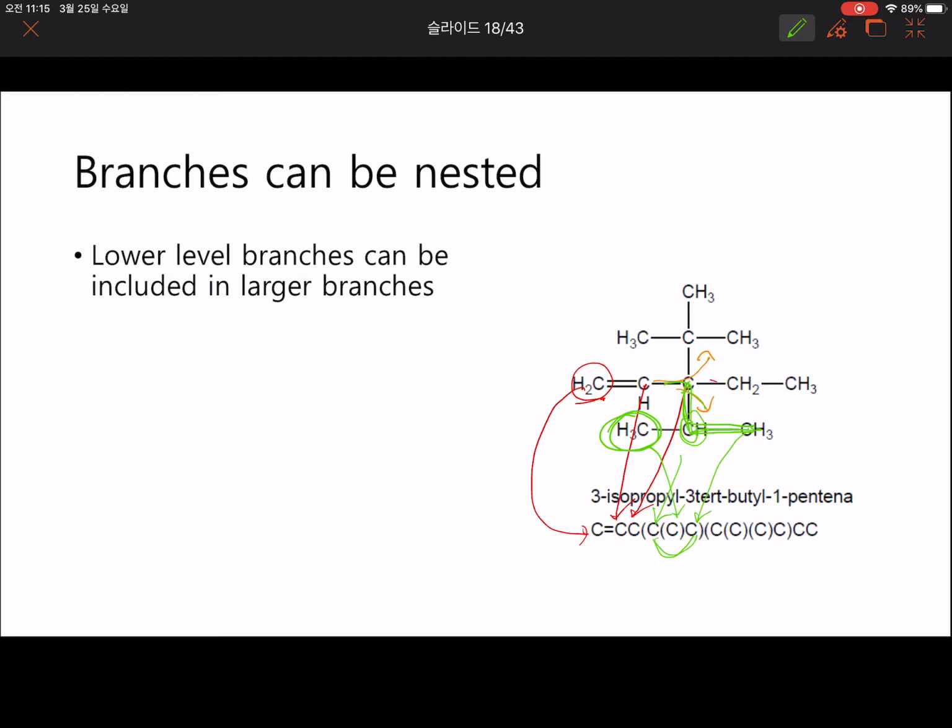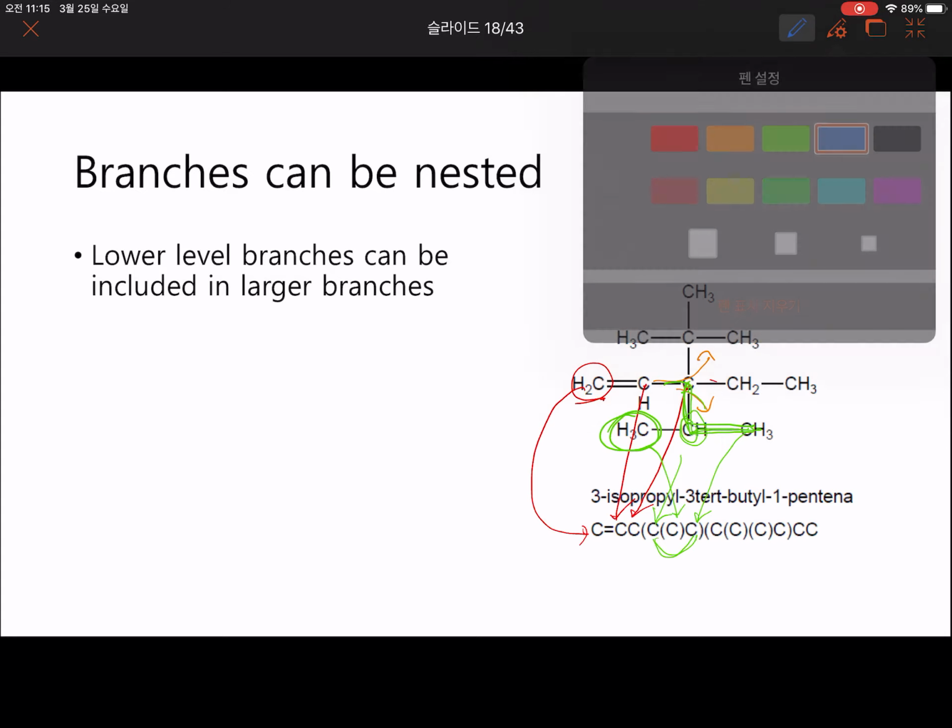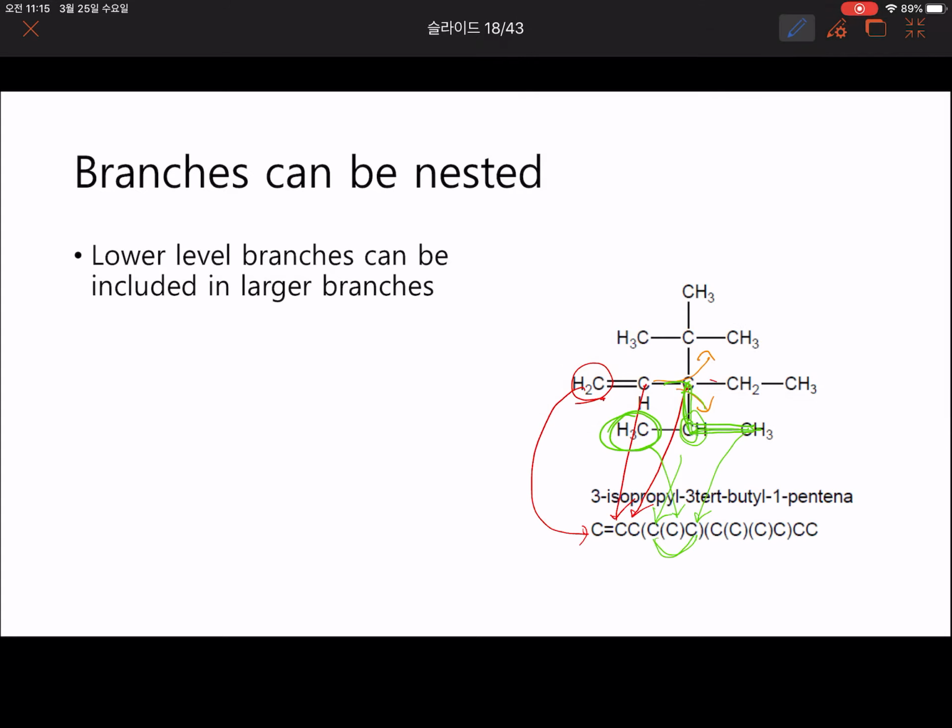And if we look at the upper group, then it also has two. Actually we can choose any path. So this carbon corresponds to here, and this carbon corresponds to here, and these two carbons represent these branched carbons.